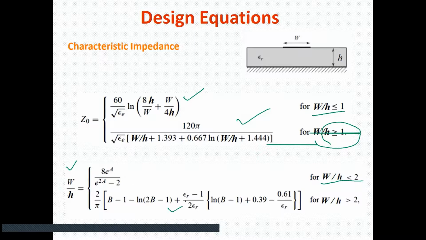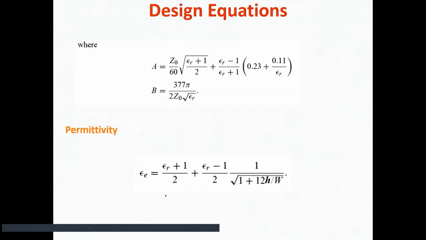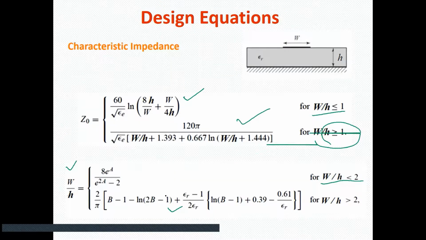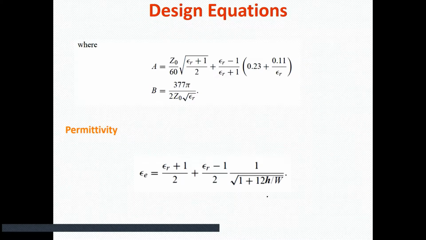We can also choose the value of W by H by the graphs. When I design the microstrip line, at that time I will show you some graphs by which we will calculate the ratio of W by H directly from the graph. And in this formula, where I have A and B, two constants, I will calculate the value of A by this equation and the value of B by this equation.